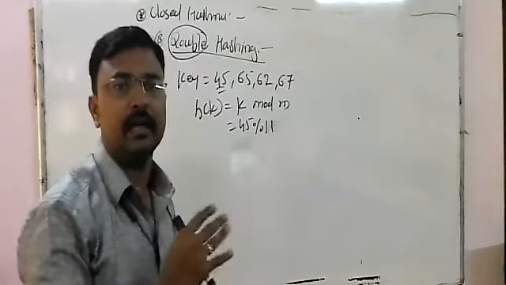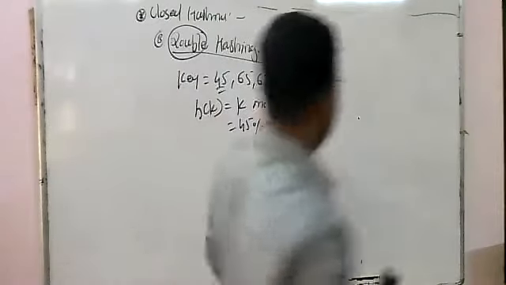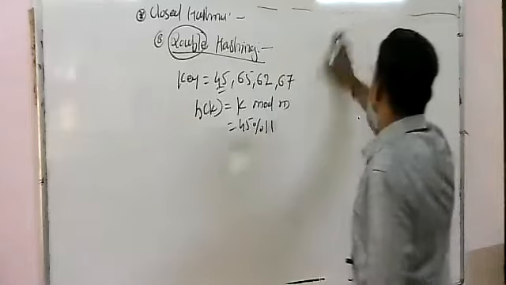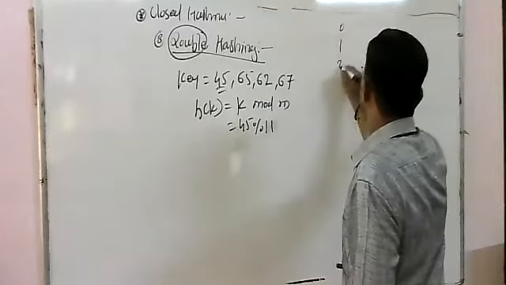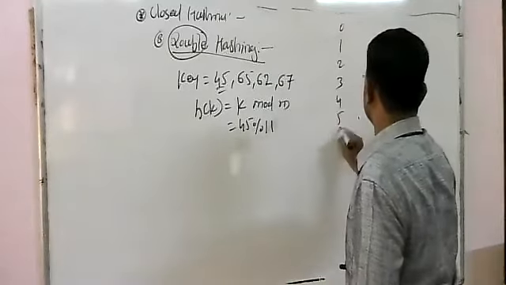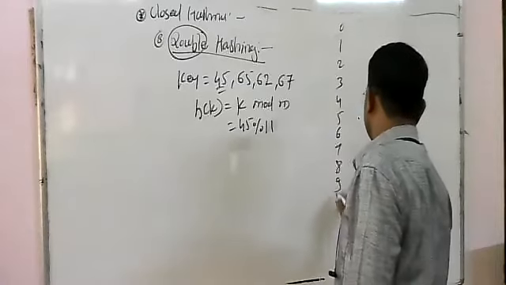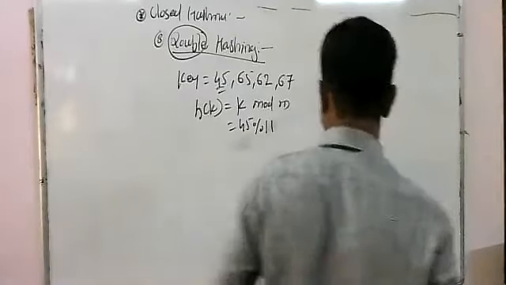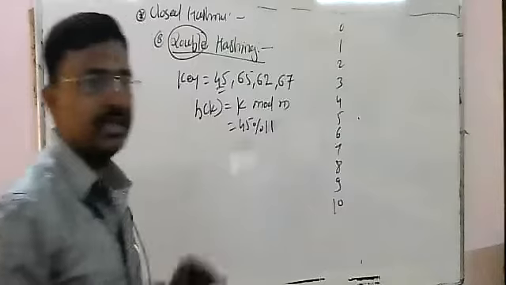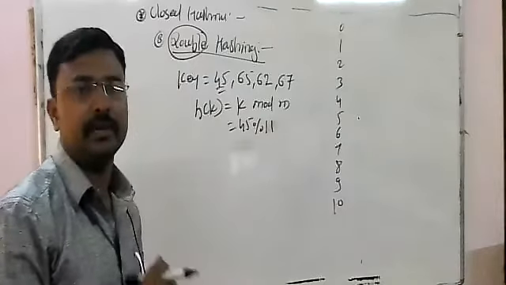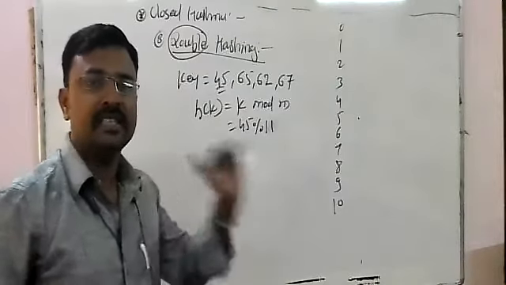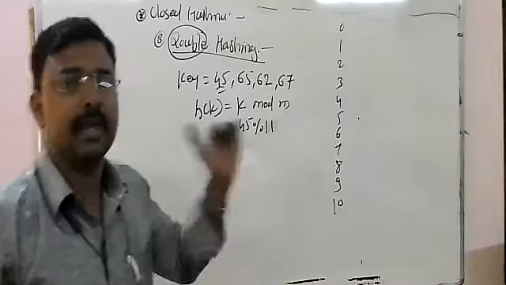Hash table of 11 means indexes 0, 1, 2, 3, 4, 5, 6, 7, 8, 9, 10. Instead of an even or odd number, select your hash table size as a prime number.